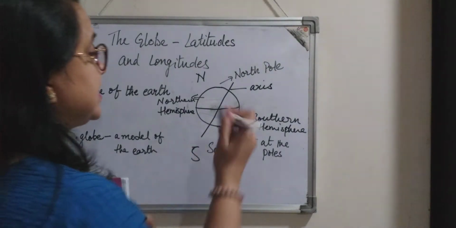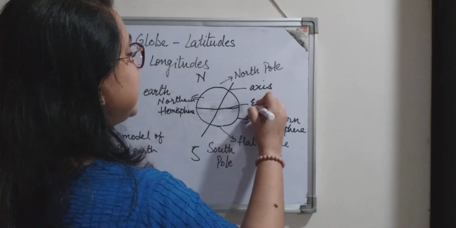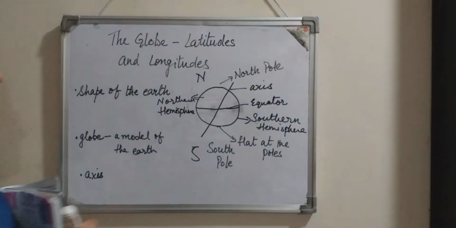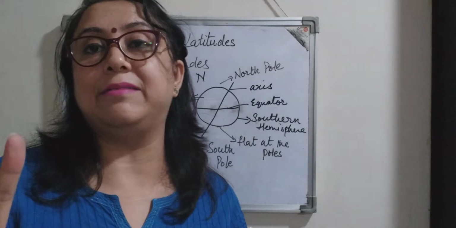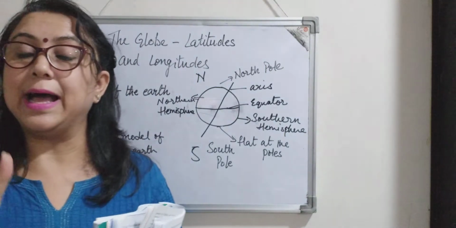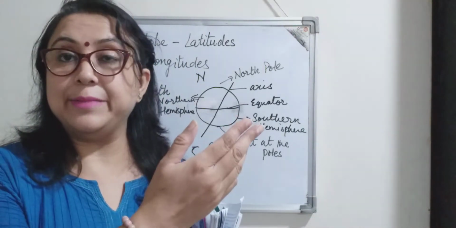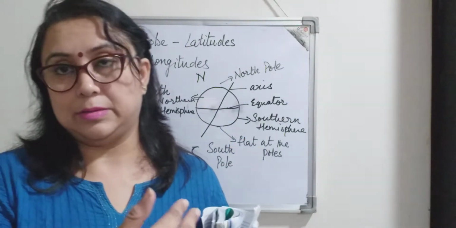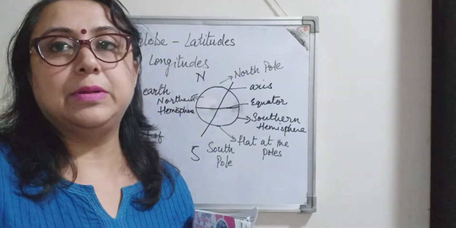This is the equator. The equator runs through the center and it divides the earth into two equal halves. Remember, two equal halves, that is the northern hemisphere on top and the southern hemisphere down below the earth.